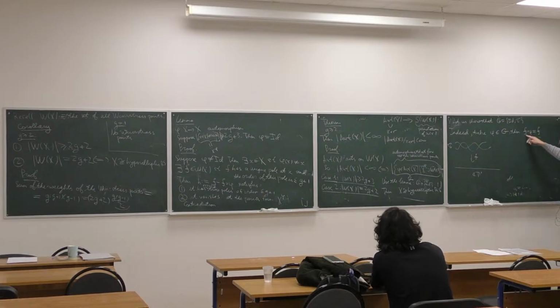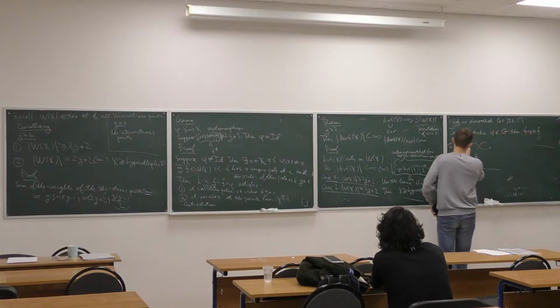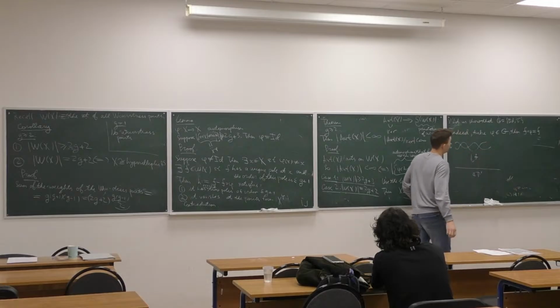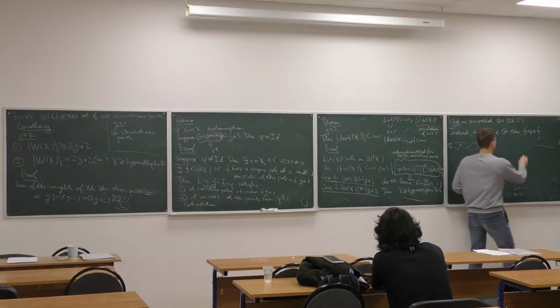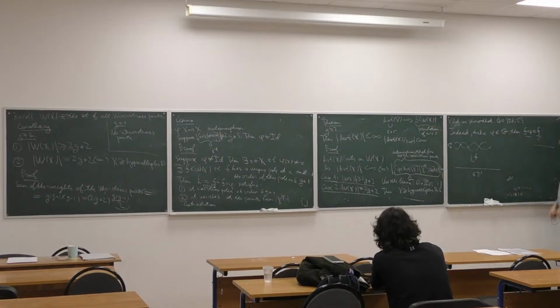But F composed with phi is also a degree 2 map, and since phi fixes the Weierstrass points, it fixes at least 4 points in the image. So these are both functions of degree 2, and since phi fixes the Weierstrass points, they should be equal.